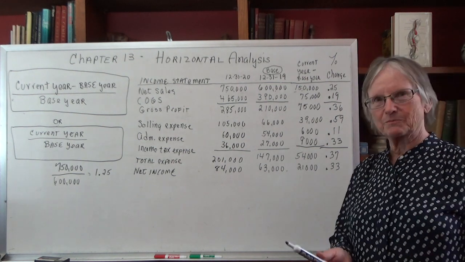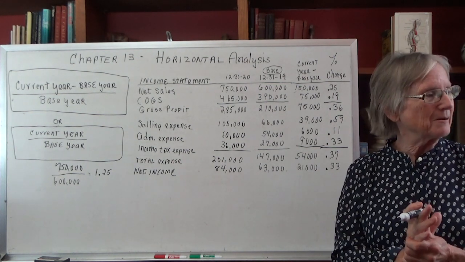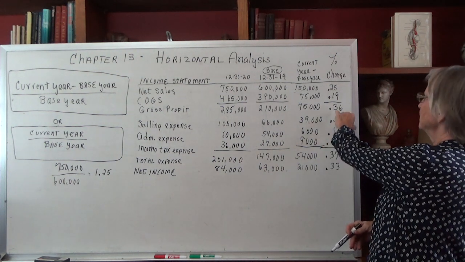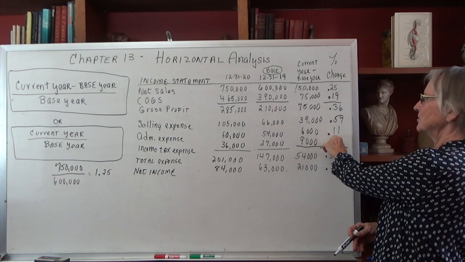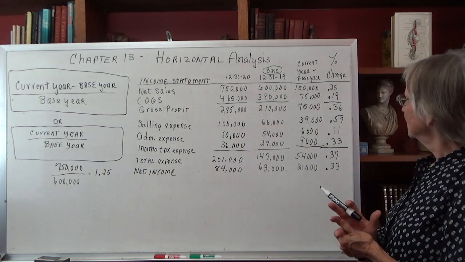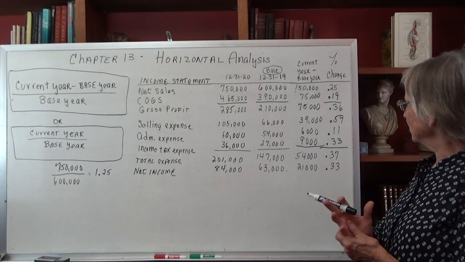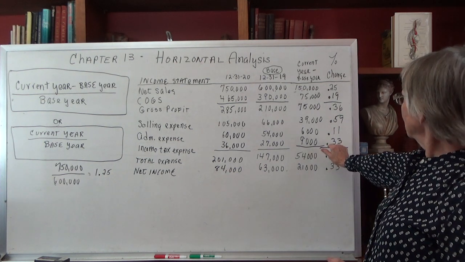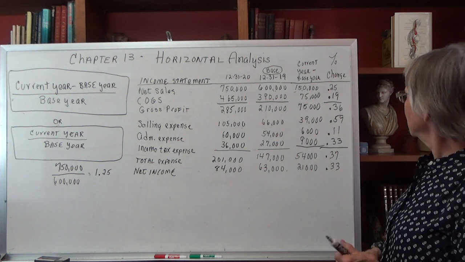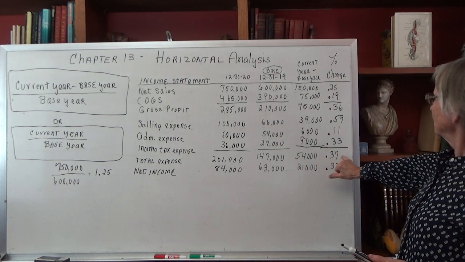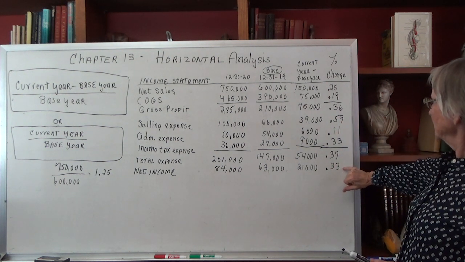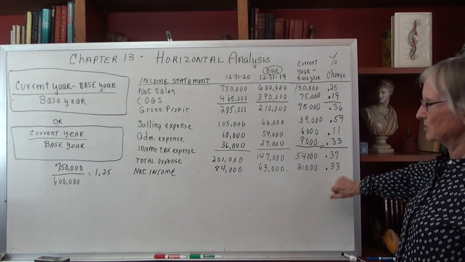It's like, okay, so was there a party in the sales department? What's going on there? We had a 36% increase in gross profit, but only an 11% increase in administrative expense. So that's interesting. And then the income tax expense, that kind of isn't too far off there. So our total expenses went up 0.37, gross profit went up 36, and our net income was an increase of 0.33.